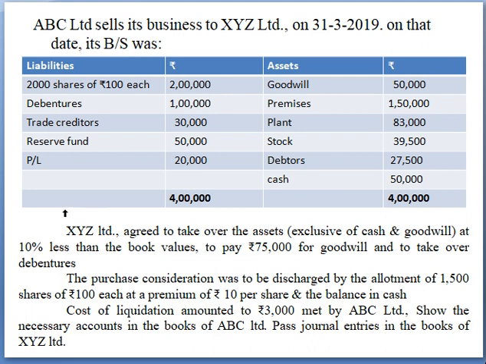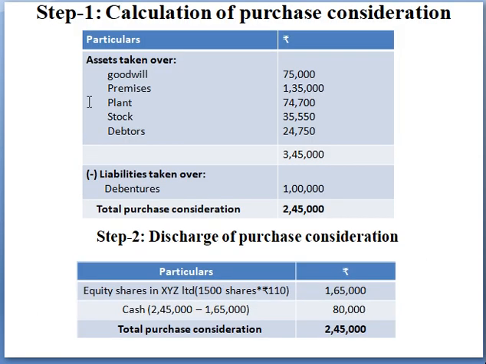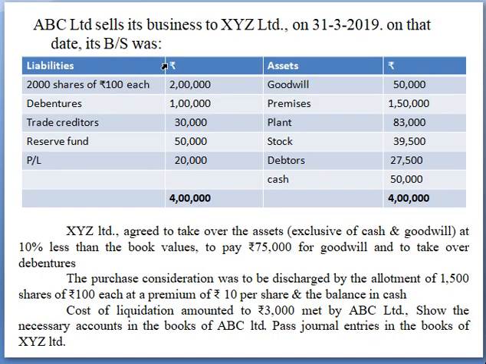Now with this information you have to prepare the first step as calculation of purchase consideration, right? If it is in the net assets method, so assets and liability taken over will be given there in your problem. Now calculate your first step. Your first step is assets taken over. So what are the assets taken over?